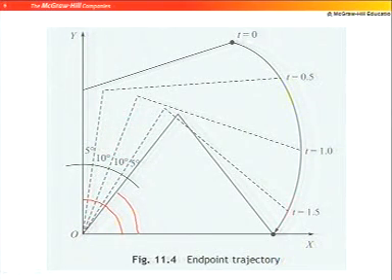So, it has traversed 30 degrees. The second joint had 60 degrees here, and then 120 degrees here.